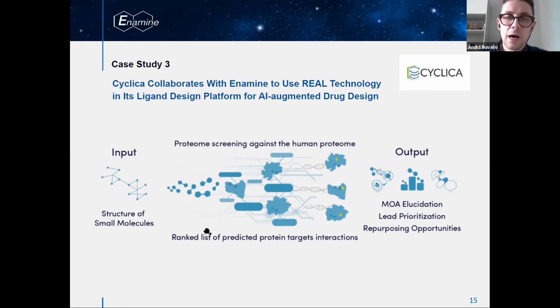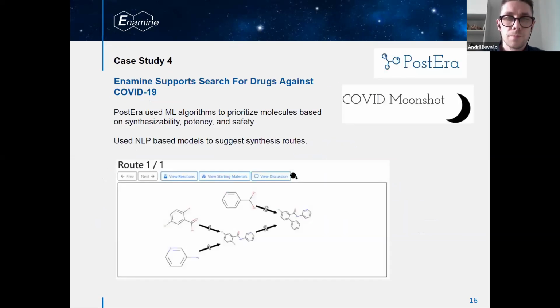Then they can uncover not only one interaction, but actually unknown interactions between random molecules and random proteins, and they can do it at scale. Not only can they get actual hits from those screens, but they can elucidate mechanisms of action, repurposing opportunities, and so on.